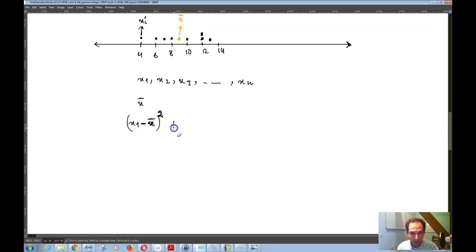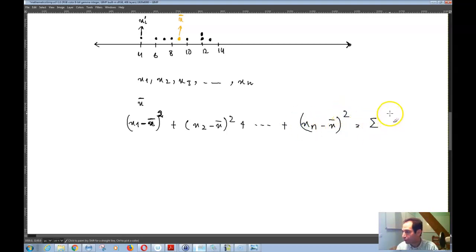We came up with x of 1 minus x bar whole squared plus x of 2 minus x bar whole squared plus all the way up to x of n minus x bar whole squared, and we call that sigma x of i minus x bar whole squared. And of course, if this sum is equal to 0, that means that all of the observations are actually equal to the mean, right?